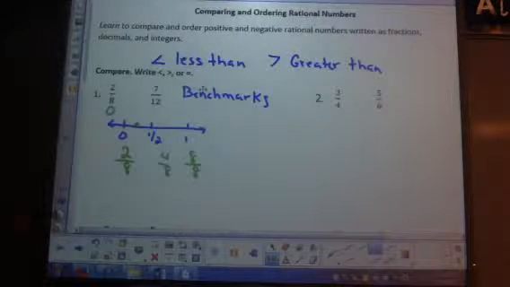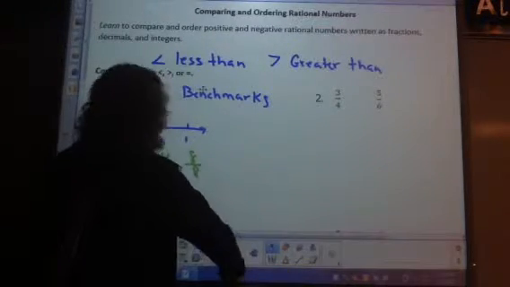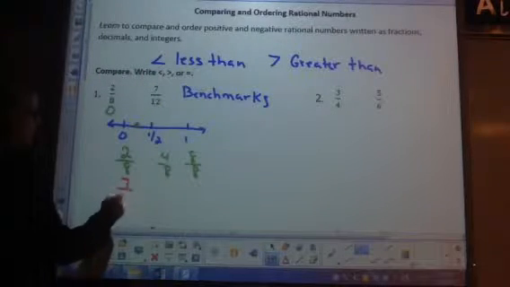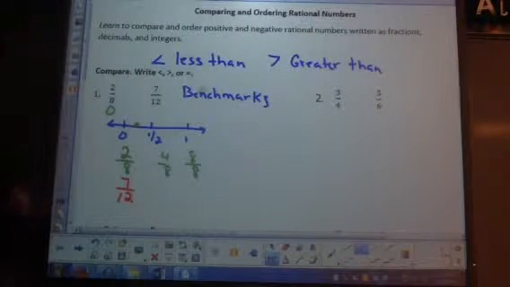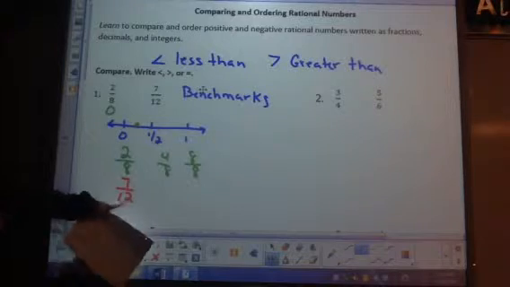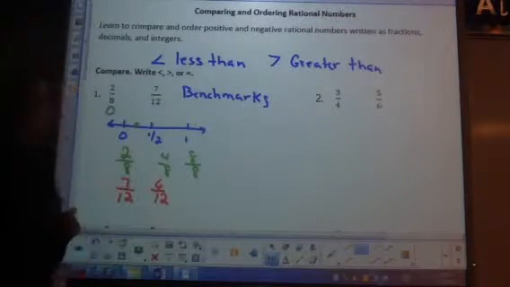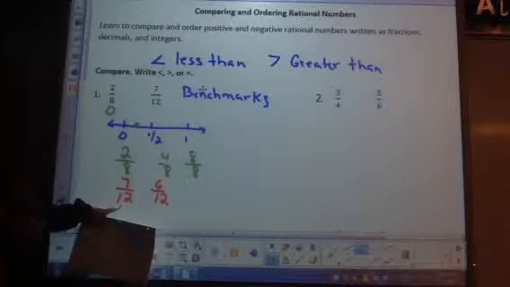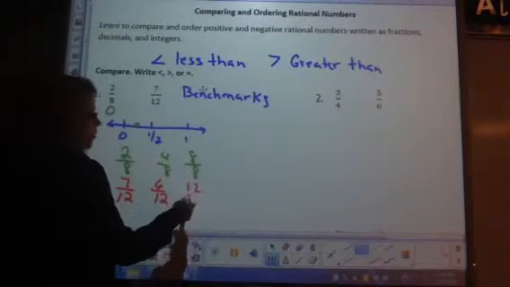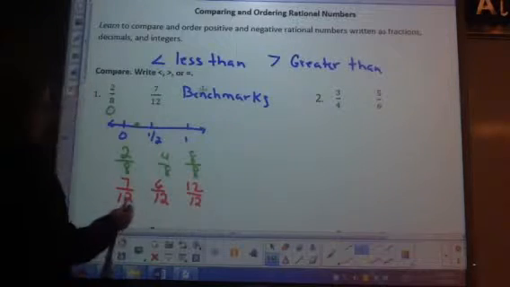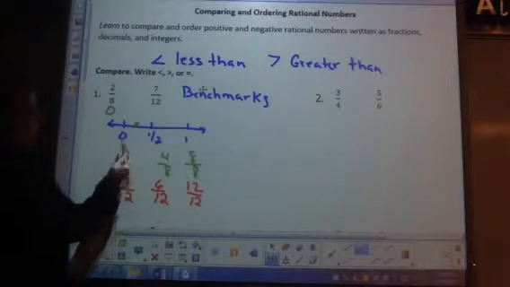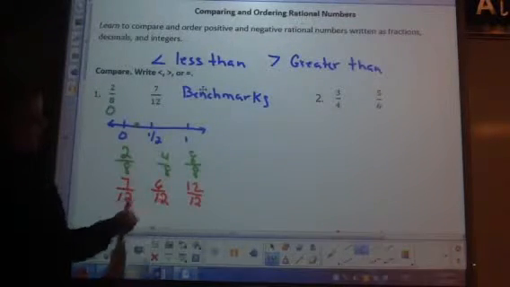All right, for 7/12. Let's look at 7/12. Well, what would be half? What's half of 12? 6. So there's 6/12. And what would be a whole if you have all 12? It'd be 12/12. So 7/12, is it closer to 0? Is it less than 6/12?